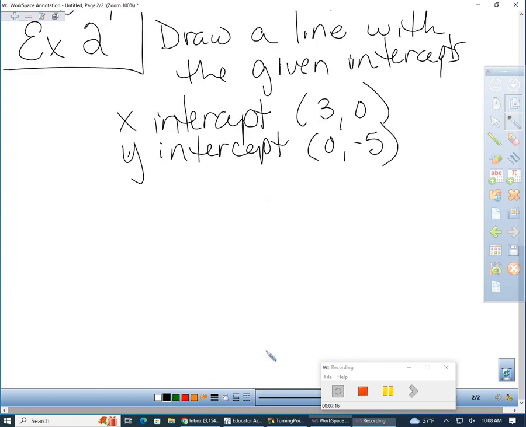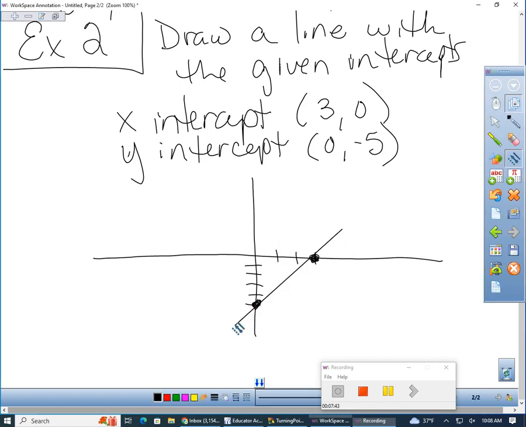I'm going to ask you to draw your coordinate plane. We're going to plot the point 3, 0. On the x-axis at 3, we're going to put a dot. So 1, 2, 3, put a dot. The y-intercept crosses the y-axis at 0, negative 5. So I'm going to put a dot at 0, negative 5. 1, 2, 3, 4, 5. And now we connect our dots.